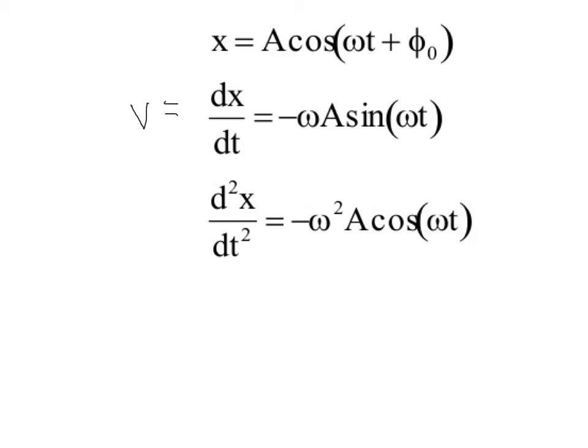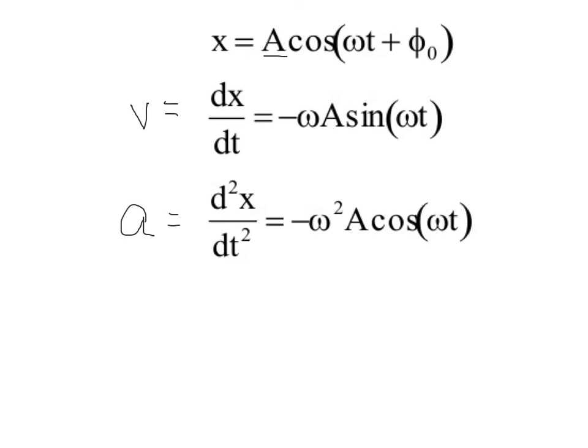And the second derivative of x with respect to t, the second derivative of position, is another way of writing acceleration. So that is the x, v, and a equations. You'll notice we're using the letter A for amplitude rather than x max, which is used often in other sources. But everything else should look very typical.